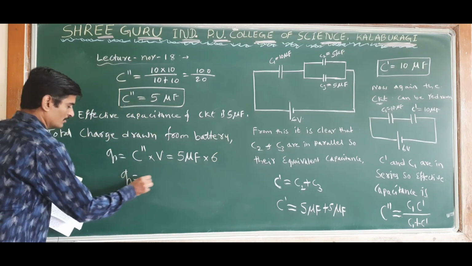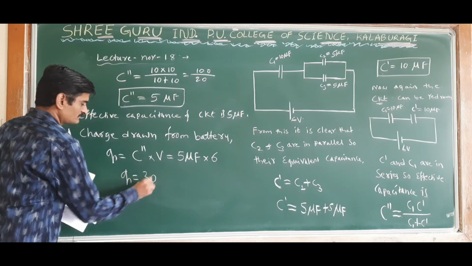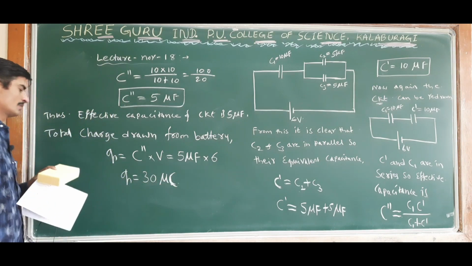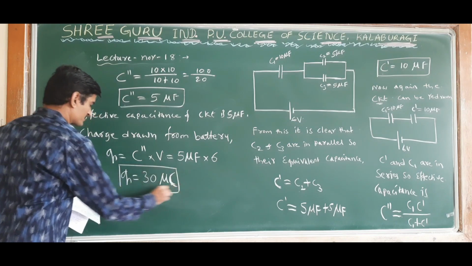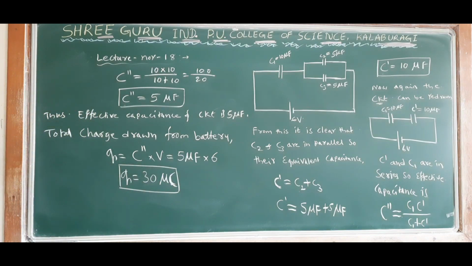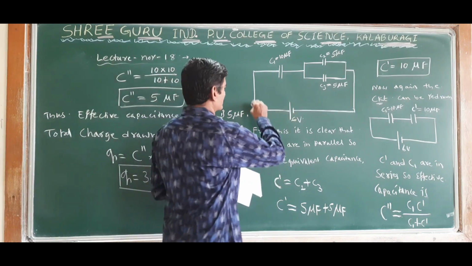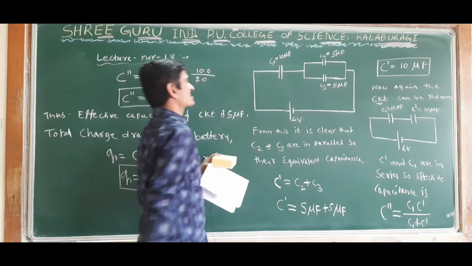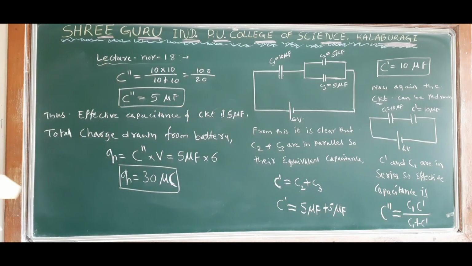So Q is equal to 5 into 6, that is 30 microcoulomb, not farad, microcoulomb. So the total charge is 30 microcoulomb, and this entire charge will be the charge on C1.